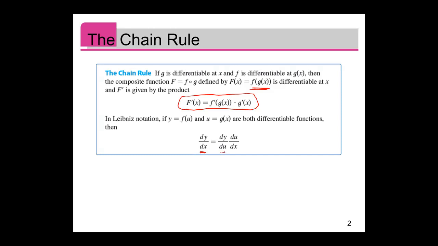This means I'm taking the derivative of y with respect to u, and here I'm taking the derivative of u with respect to x. And if you notice, this is a chain rule because even though these are two derivatives on the right-hand side, if you think about it like fractions, you can cancel those du's and you end up with dy over dx, which is what you're looking for.